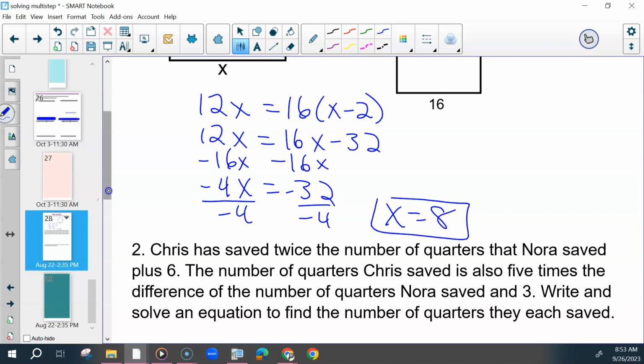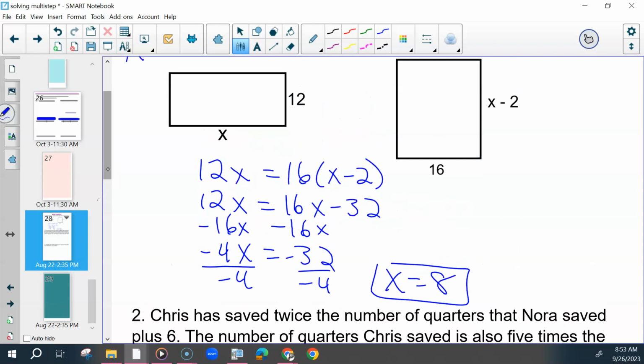Now, this is just the answer to x. This is not the area of each rectangle. So if you put 8 in here and multiply, what would the area of both rectangles be? 12 times 8 is 96, and 16 times 6 is also 96.